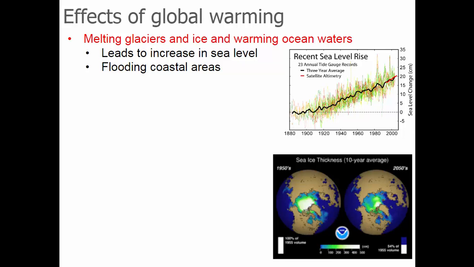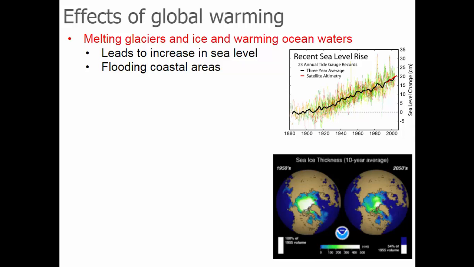As the Earth's sea level rises, coastal areas get flooded. Sort of common sense. This is especially a problem for people that live near the coast. And if you imagine in the United States, people like to live near the oceans. Okay, think about major cities: Boston, New York City, Charleston, South Carolina, Miami, Florida, Fort Lauderdale. All of those major cities, Baltimore, are on the coastline.